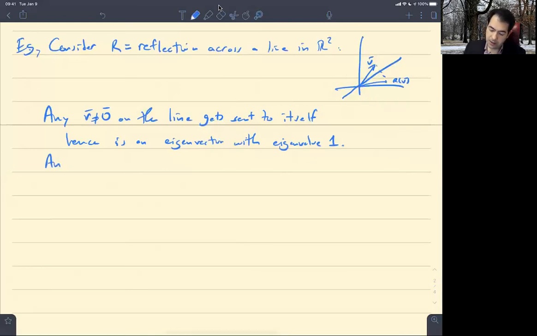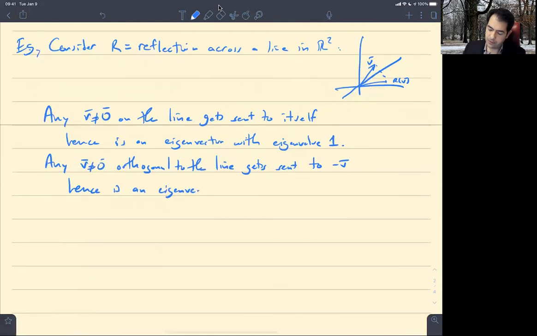So any v not equal to 0 orthogonal to the line gets sent to minus v. Hence, is an eigenvector with eigenvalue -1.